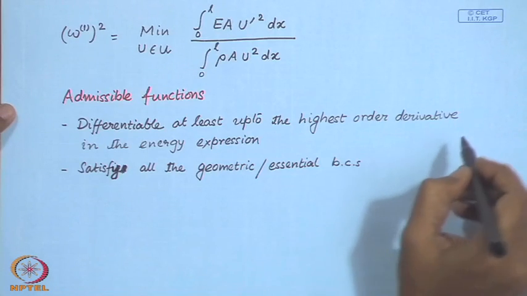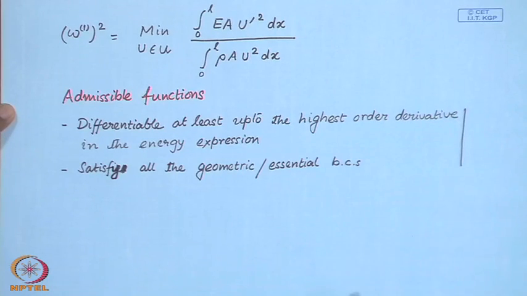So, these two properties, the functions that satisfy these two properties are known as admissible functions.